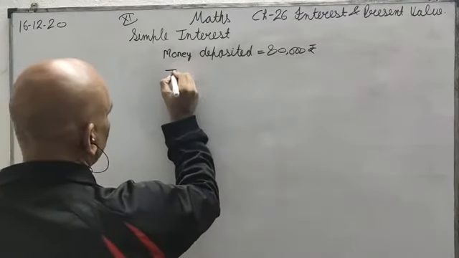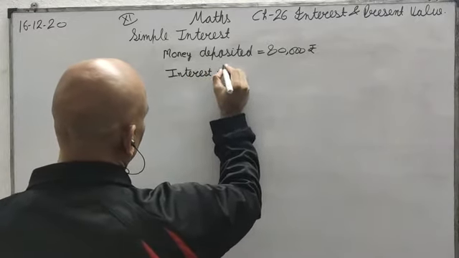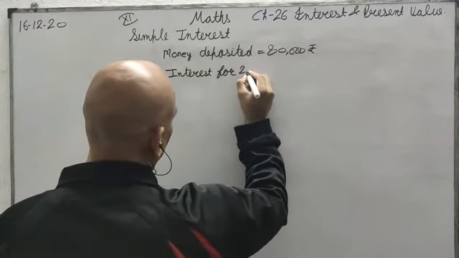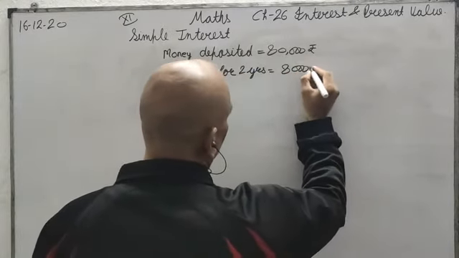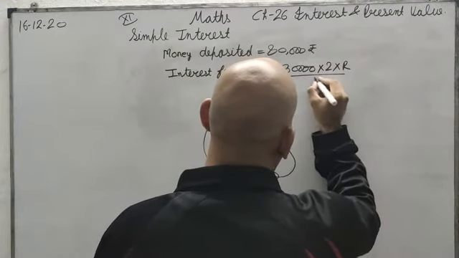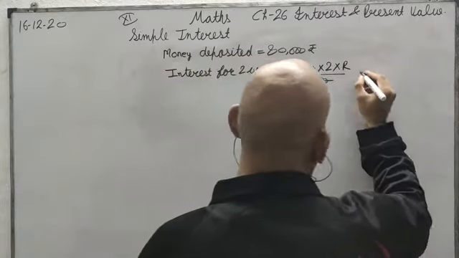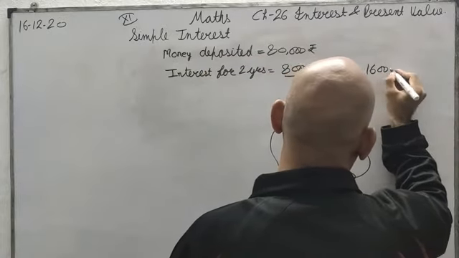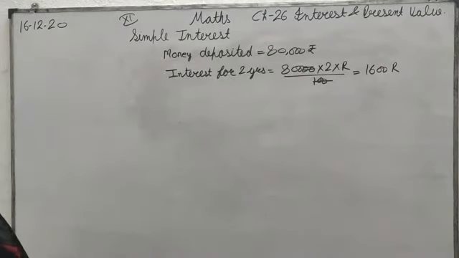So interest for 2 years: 80,000 into 2, and the rate we take as r, r upon 100. So double zero cancels double zero, 1600 r. This is the interest for 2 years.